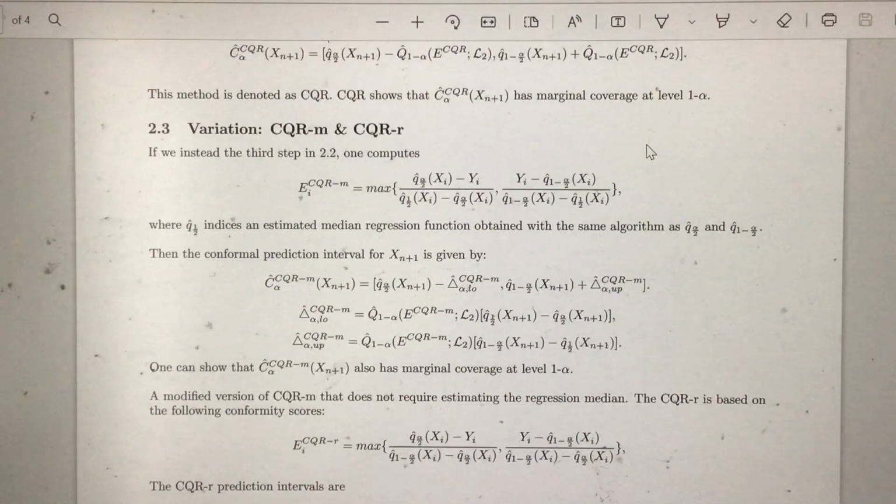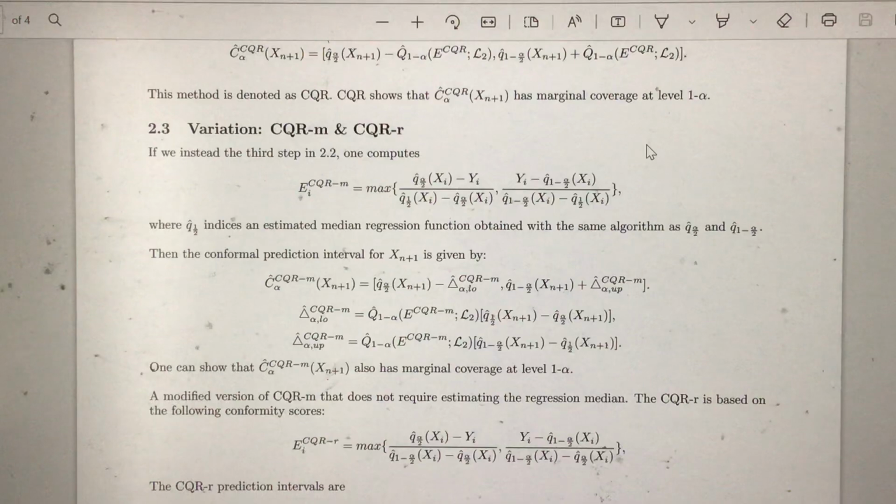Here q hat 0.5 is an estimated median regression function obtained with the same algorithm as q hat half of alpha and q hat 1 minus half of alpha. So the conformal prediction interval will be this one.